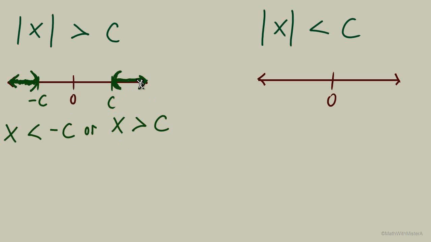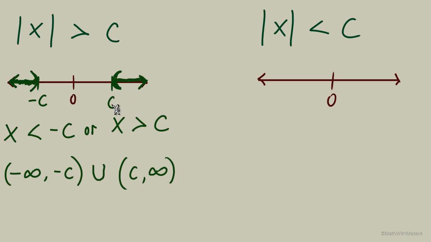So if we think of this shaded interval on the number line, which goes from c up through the increasing numbers, larger numbers, I would have an interval right here that goes from c to positive infinity and continues forever to the right, and this other interval on the left goes from negative infinity to negative c.